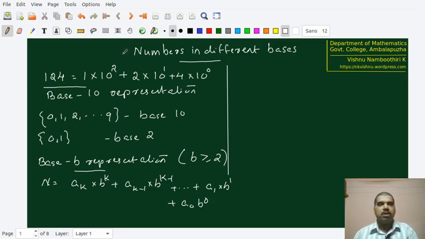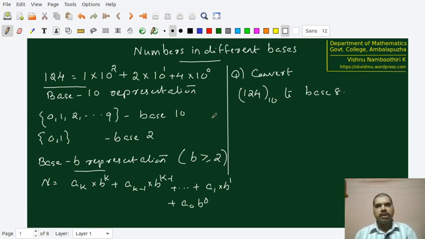How can we convert the base 10 representation of 124 into, for example, base 8? So the question is the following: convert 124 in base 10 to base 8.